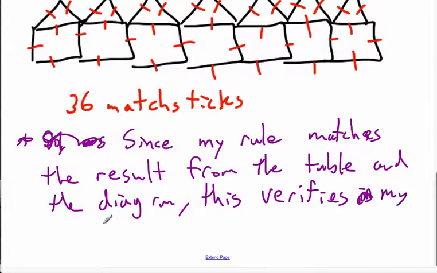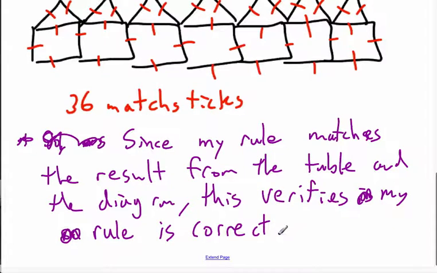Okay, so you need a concluding sentence like this. So it's verified my rule is correct. So don't forget to verify at least twice in order to get up to a possible 8 in your assessment.